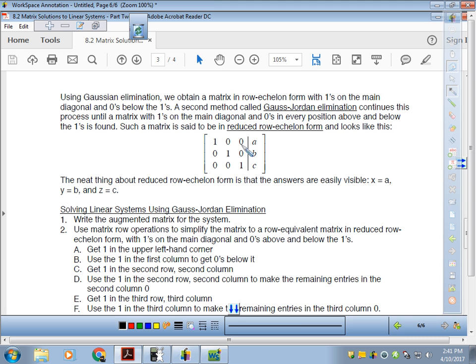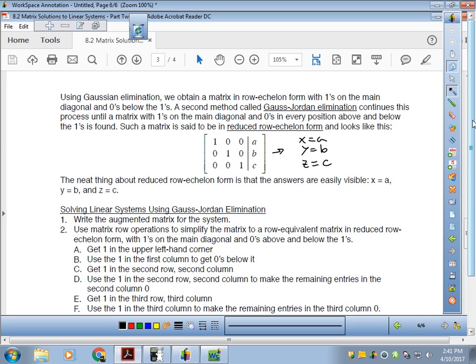Now the nice thing about this is when you translate it back into your equations, this top row just says x equals a. The second row just says y equals b. And the last row just says z equals c. And so you basically get your answers without having to do any back substituting. All you have to do is just get it into this form.